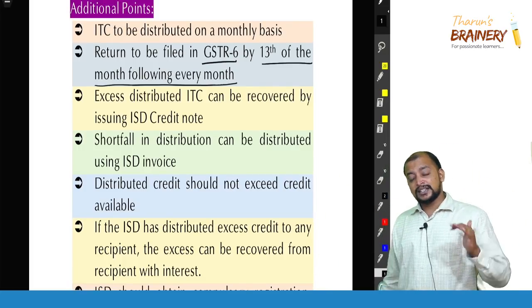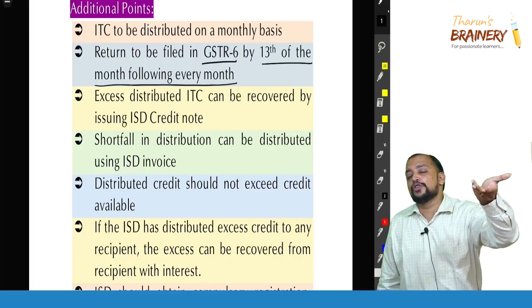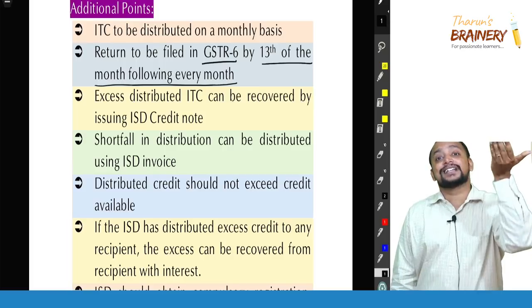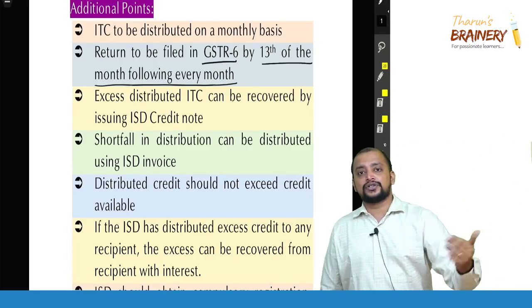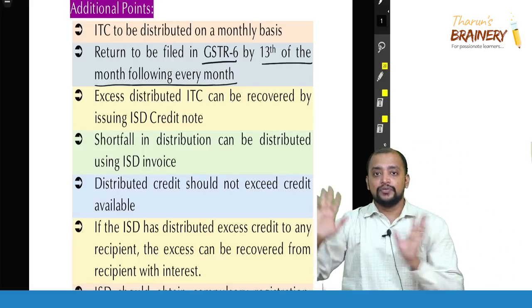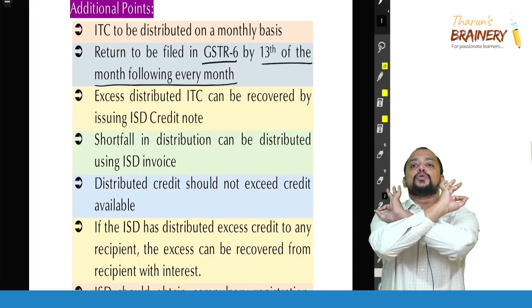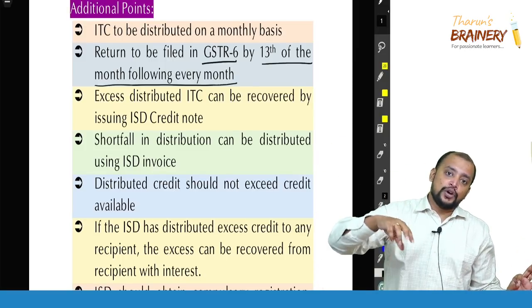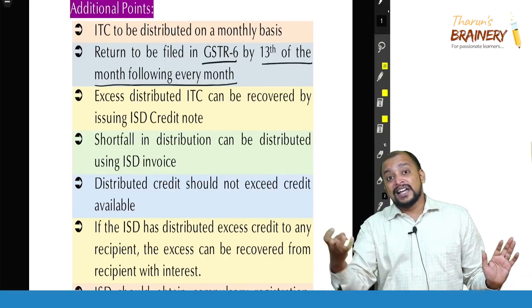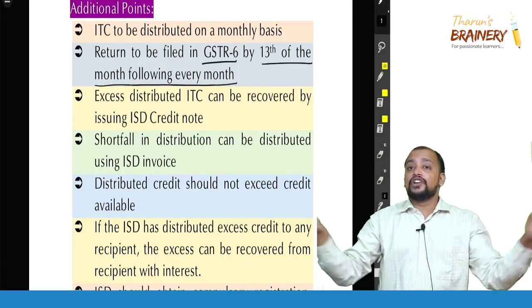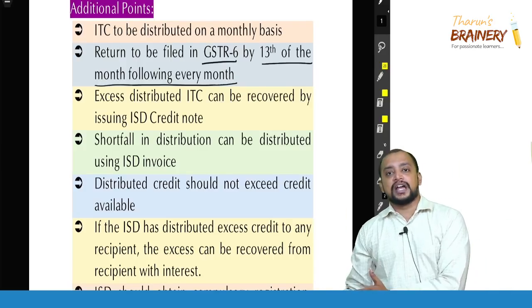Now, in that case, to 2 branches excess was distributed, so for that 2,000 rupees, 2,000 rupees, ISD will give an ISD credit note. To the one branch where there is a shortfall, they will give an ISD invoice. If they are not doing it, and the department comes to know, under section 21, they will recover it from the 2 branches, 2,000, 2,000, and they will not give the benefit to the 3rd branch, okay.